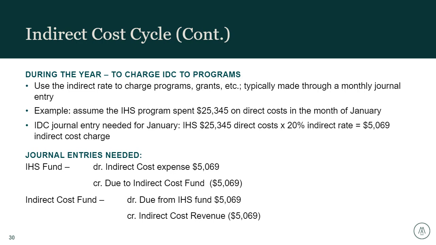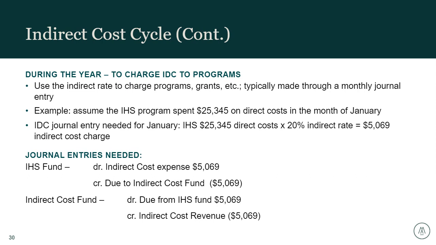So what would be an example of the entry to record this indirect rate? As we mentioned before, the entries will be recorded for the program, the Indian Health Service Program, and also for the fund that we designated as the indirect cost fund. The first entry would be a debit to indirect cost expenses of $5,069 to the Indian Health Service Fund, and the other side of the entry would be due to the fund where we record the indirect cost.